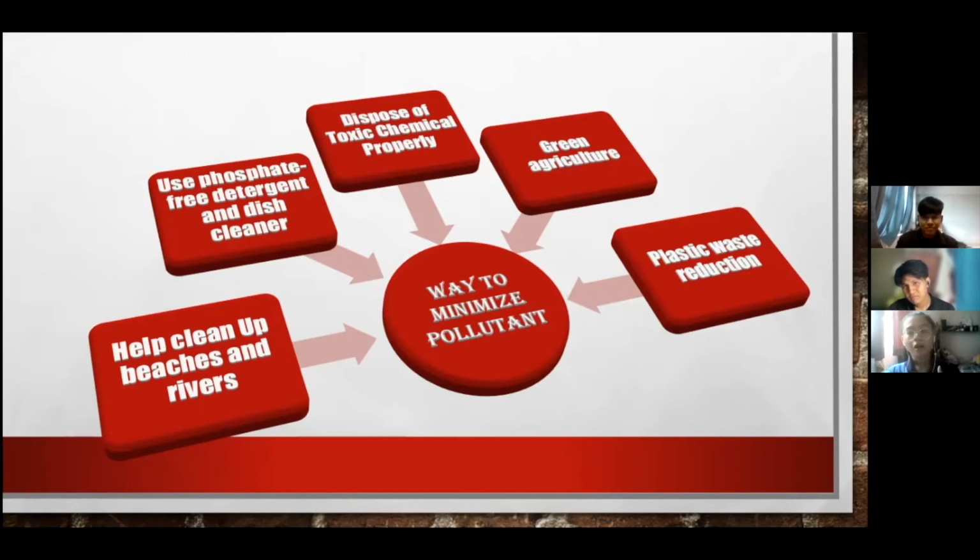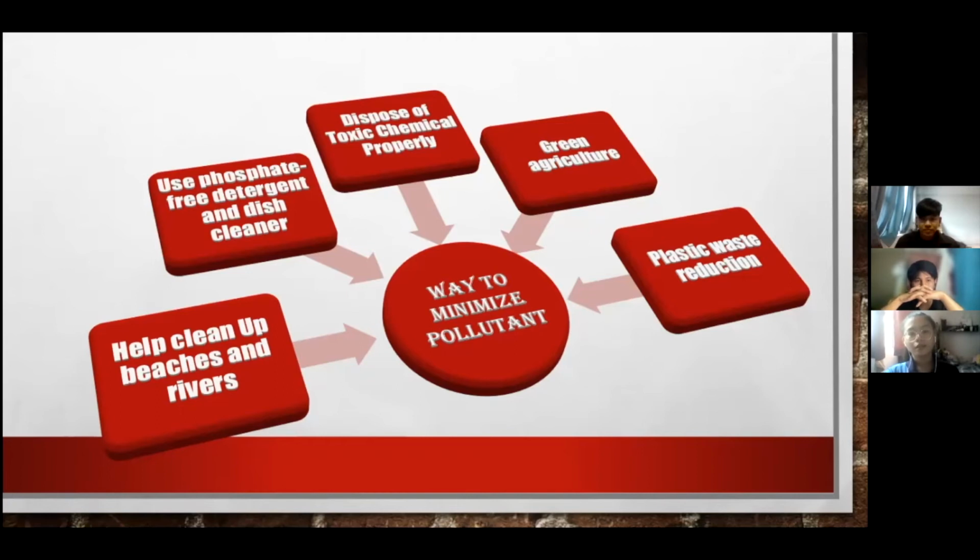We can contribute and help them reach their main objective. Next is to use phosphate-free detergent and dish cleaner. Phosphate is not only a harmful chemical in cleaners, it also leads to algae blooms and kills fish and other aquatic animals by reducing the oxygen in the water.